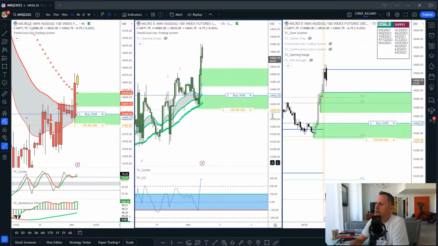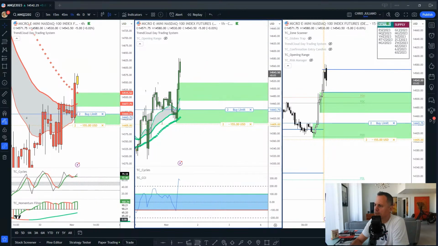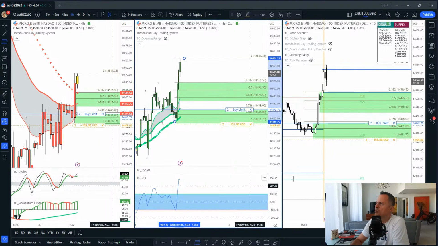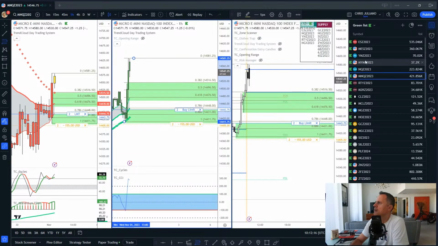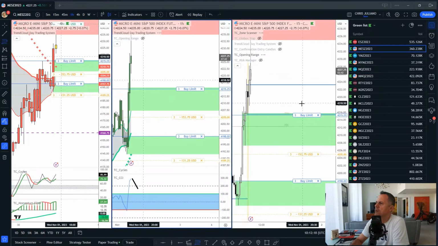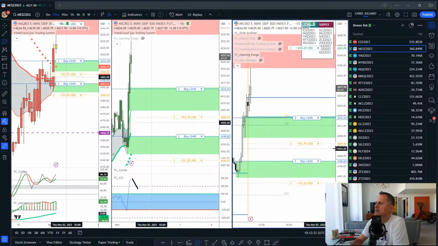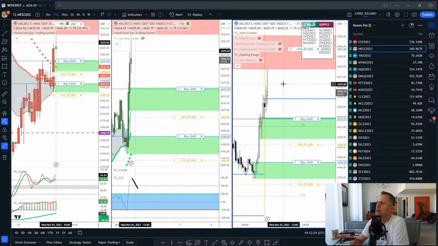Let's put Fibonacci on here and see what Fibonacci tells us. Right here, Fibonacci retracement. Okay, swing low to swing high, and we've got a 786 retracement level right on that zone. Let's do the same thing with the S&P. Go to the micro S&P. Boy, it really hit that zone.